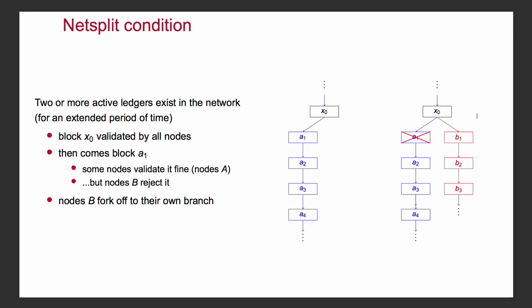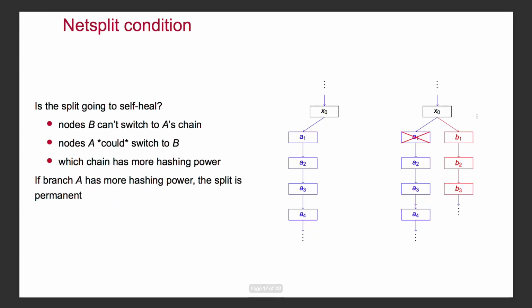And there's a split. So now the question is, is this situation going to self-heal? Are all nodes going to start looking at the same blockchain or not? This is going to happen only if chain B outpaces chain A, because nodes B can't switch to chain A because they don't accept the A1 block.